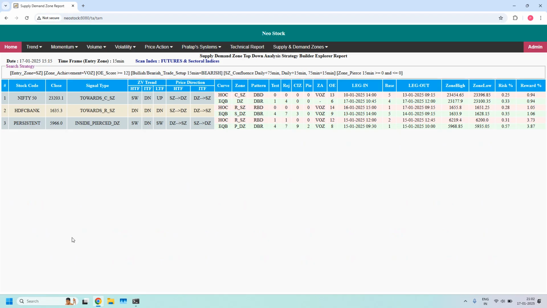Out of these 3 supply zones, how many supply zones are having daily EMA confluence? We have to verify. There might be even more high probability trade setup supported stocks available. But only the second stock you need to focus on, because in the second stock only the daily trend is a downtrend.